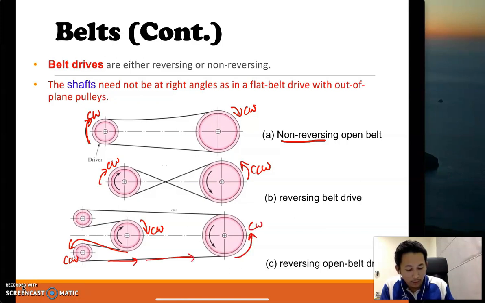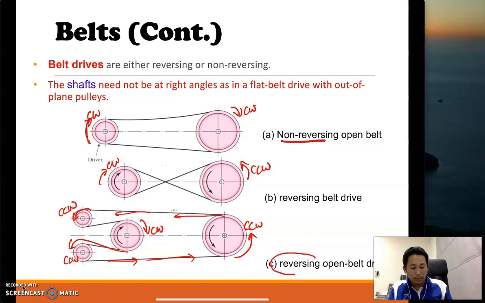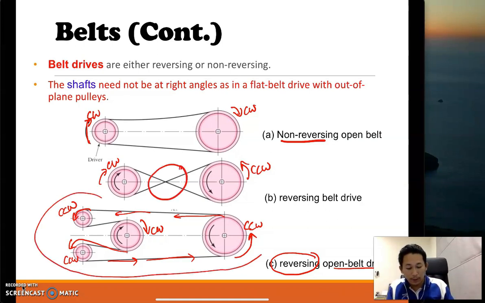This one is counterclockwise, this one is counterclockwise. So one clockwise and three counterclockwise, reversing but open belt, because we don't have a cross belt at any point of the system. Okay, reversing open belt.